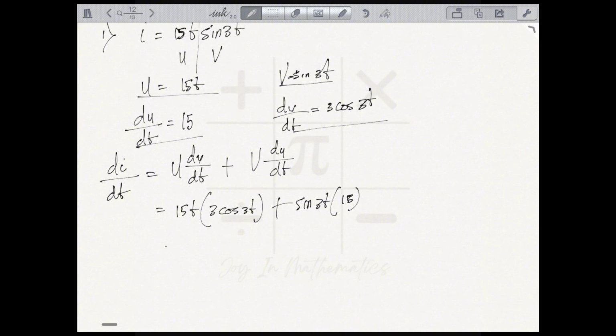After this is done, we simplify, and we have this to be 45t cos 3t plus 15 sine 3t.